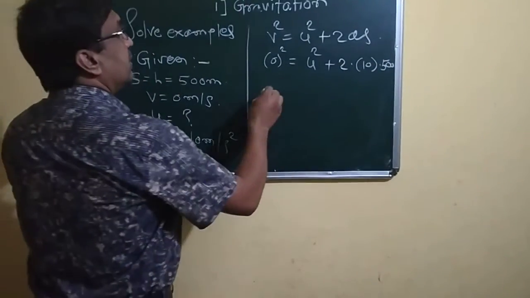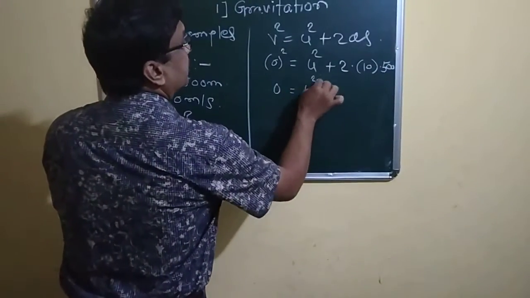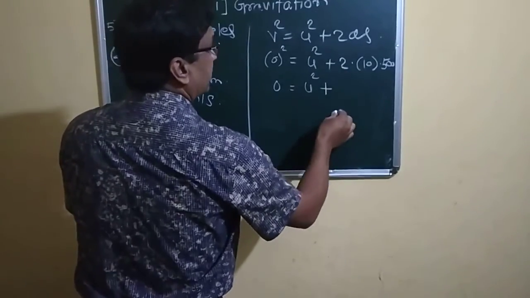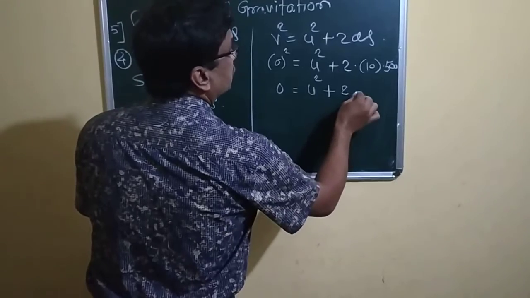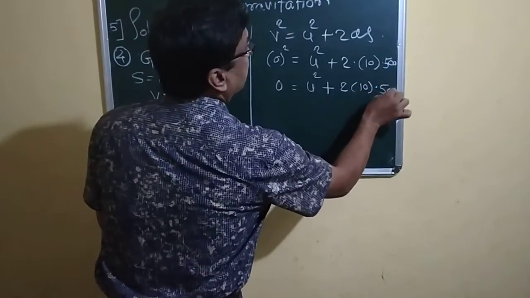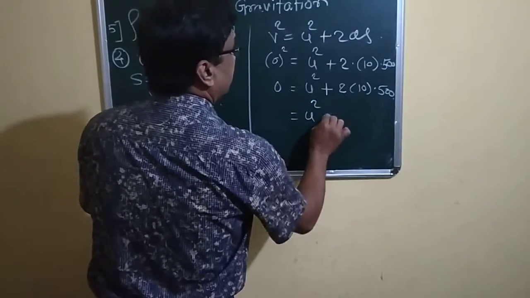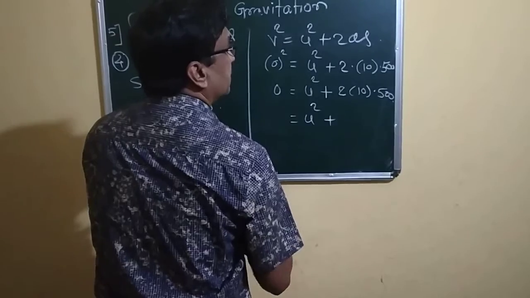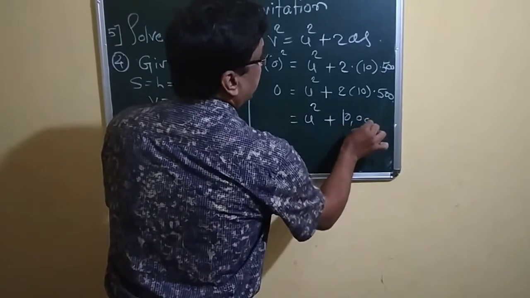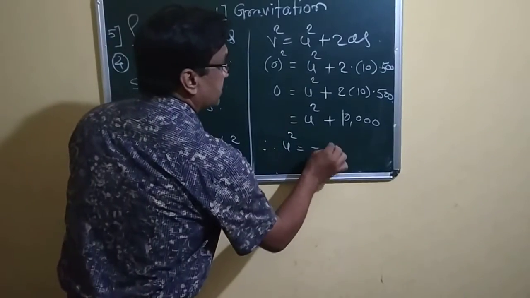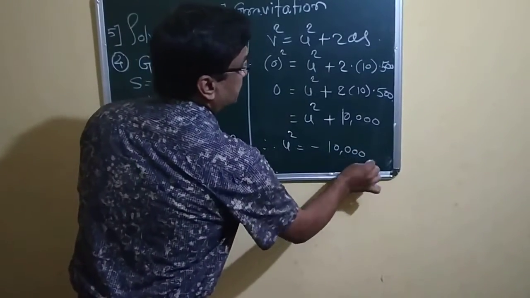So 0 is equal to u square plus 2 into 10 into 500, that is u square plus 10,000. So u square is equal to minus 10,000.